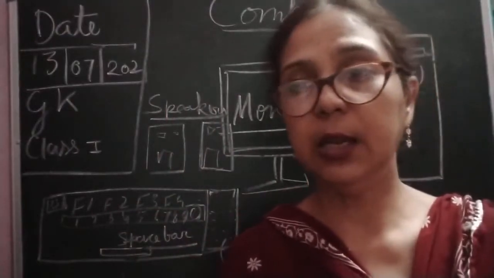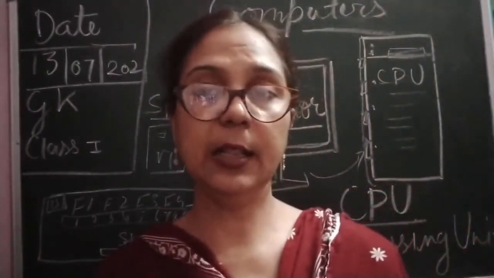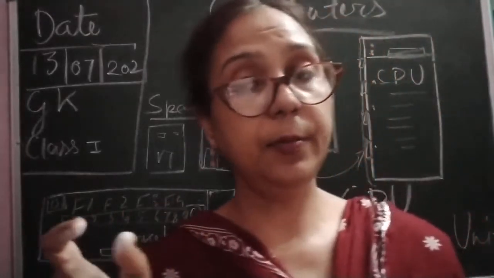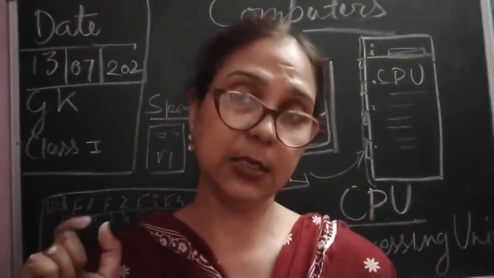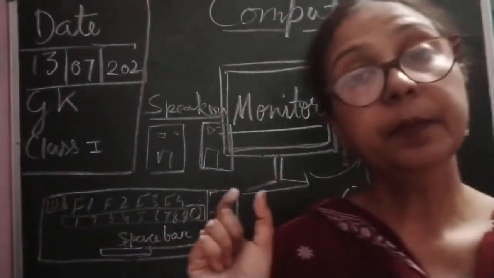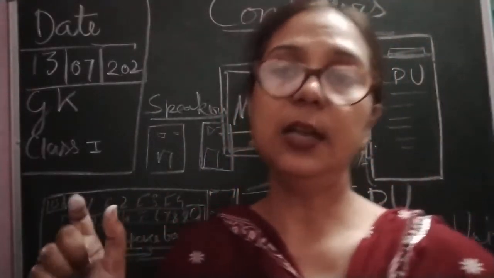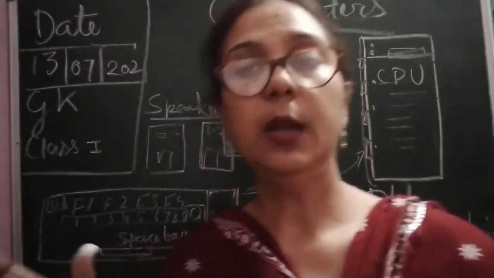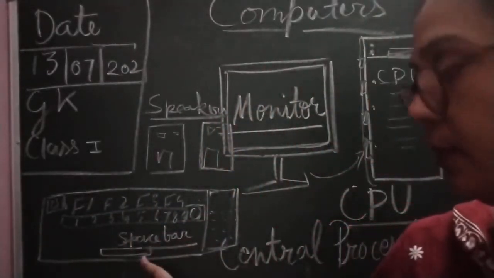If we need a space, we can click this, so we can get the gap between the alphabets or between the sentences. So space bar is used to get the space. That is why this is a very long key in the keyboard, that is called space bar.